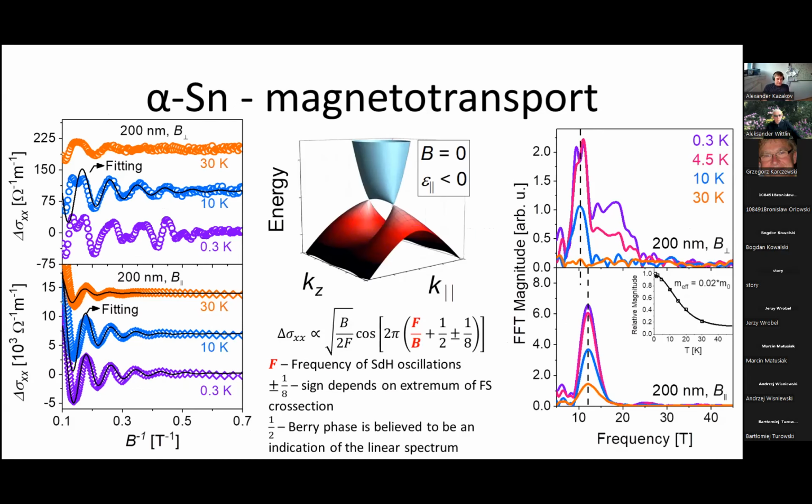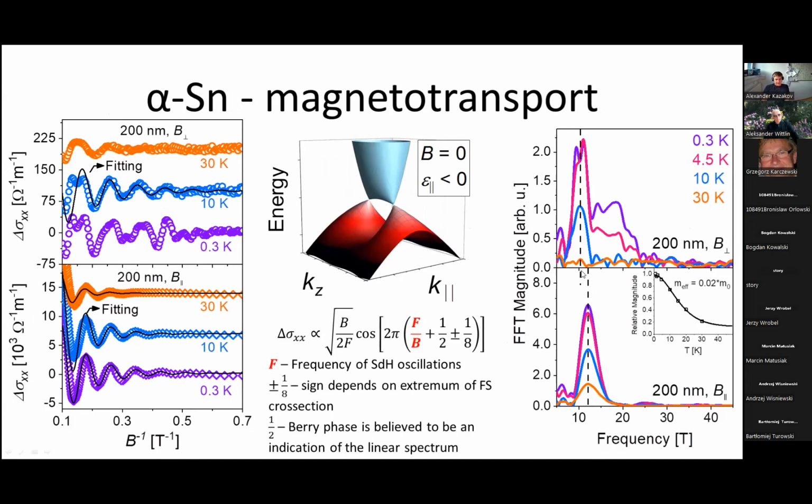Finally, we made some analysis of quantum oscillations in this system. We saw very nice oscillations. We compared perpendicular and parallel field.